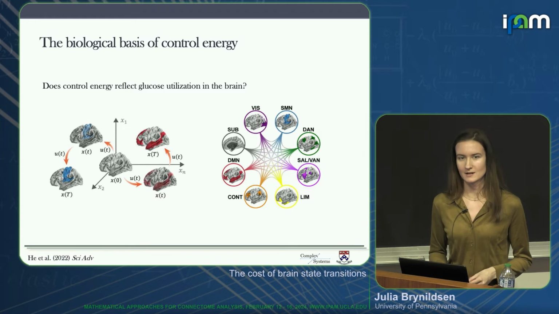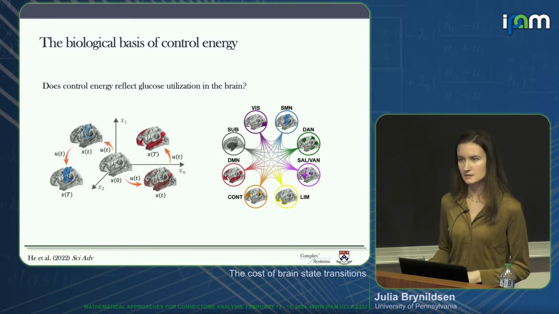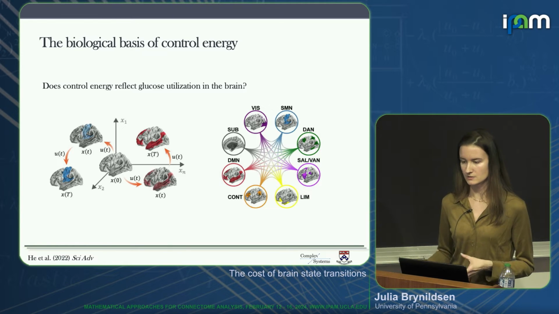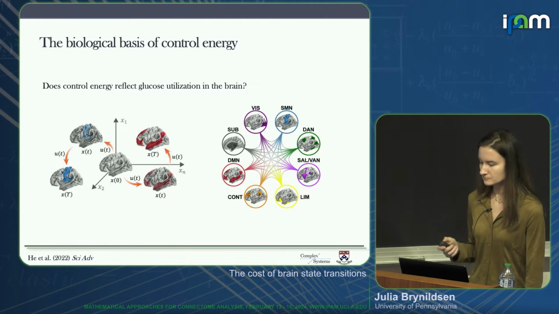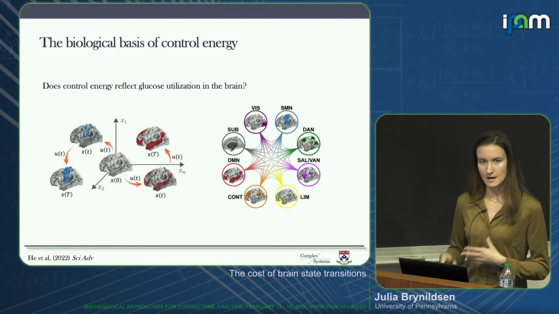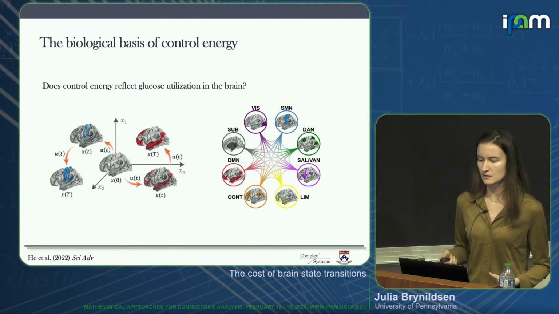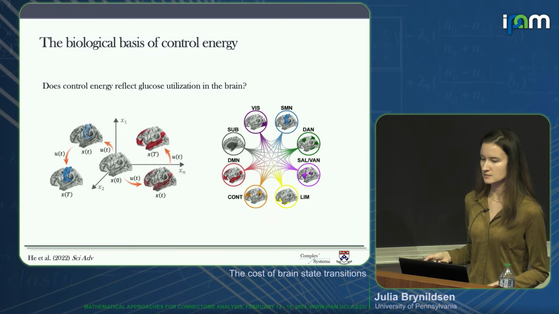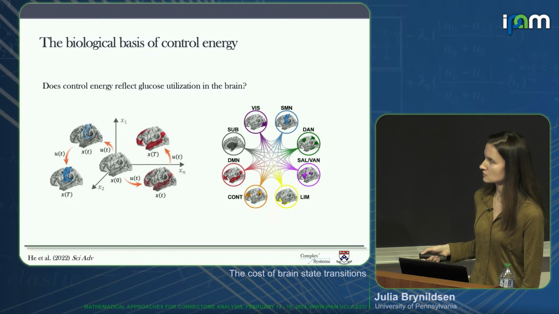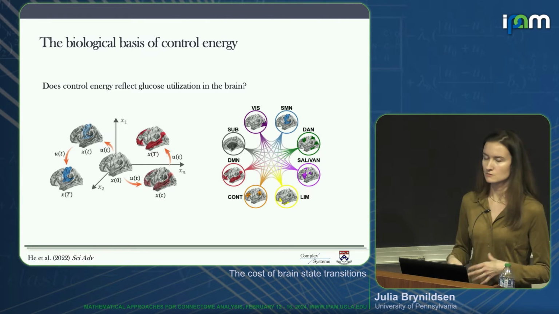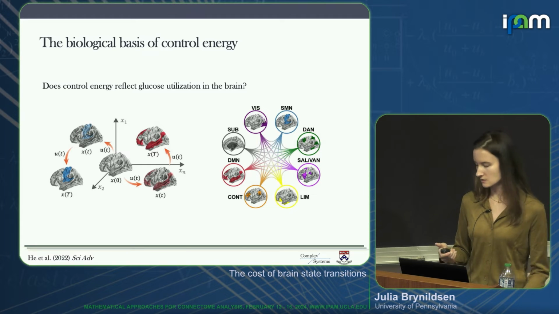So those two studies provide some evidence for an association between control energy and cognitive effort. But what about the underlying neurobiology that we associate with cognition and cognitive effort? In order to try and get at that question of whether control energy reflects brain metabolism or glucose utilization in the brain, this study of patients with temporal lobe epilepsy simulated transitions to these 8 different brain states that represent regions that are functionally coupled at rest.